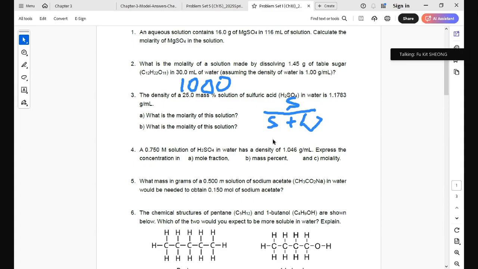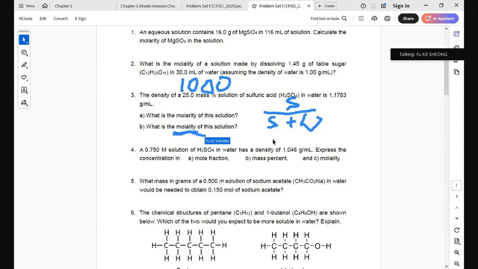And if you get 250 gram, then of course you can calculate the number of moles of sulfuric acid. At the same time, you also know you have 750 gram of water. Then you get the information of number of moles of sulfuric acid and mass of water, and you get molality.